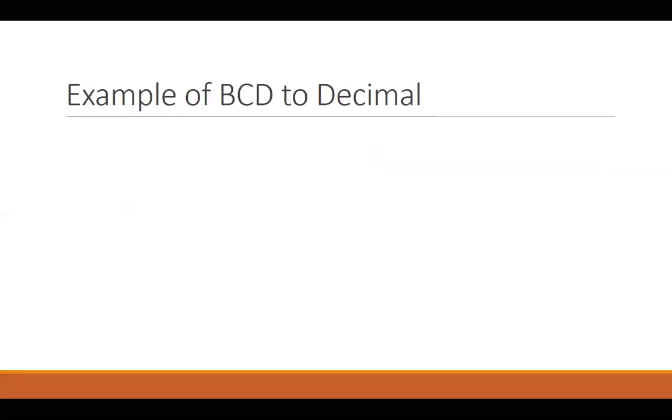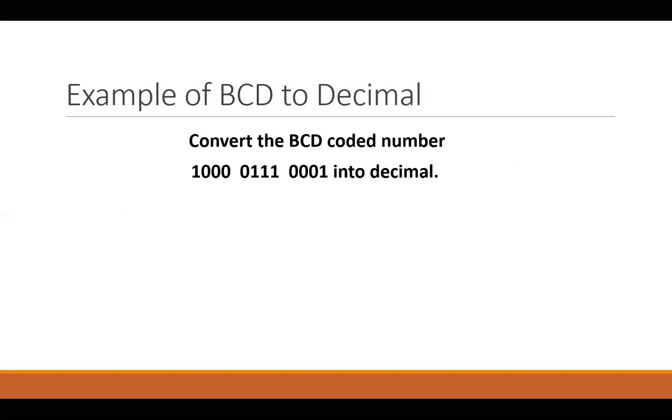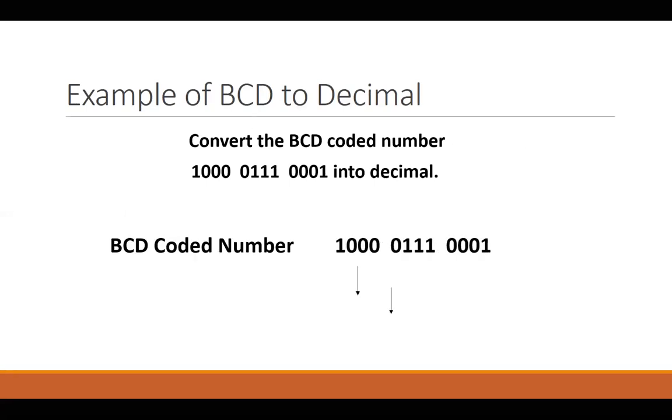Then let's talk in reverse. Let's talk about converting a BCD number into decimal. Again, we are going to follow the same rules. As you can see, the BCD number has 3 groups, and in each group you have 4 bits. So we are just going to convert them. You might remember the conversion method. There was a longer conversion method and there was a shorter one.